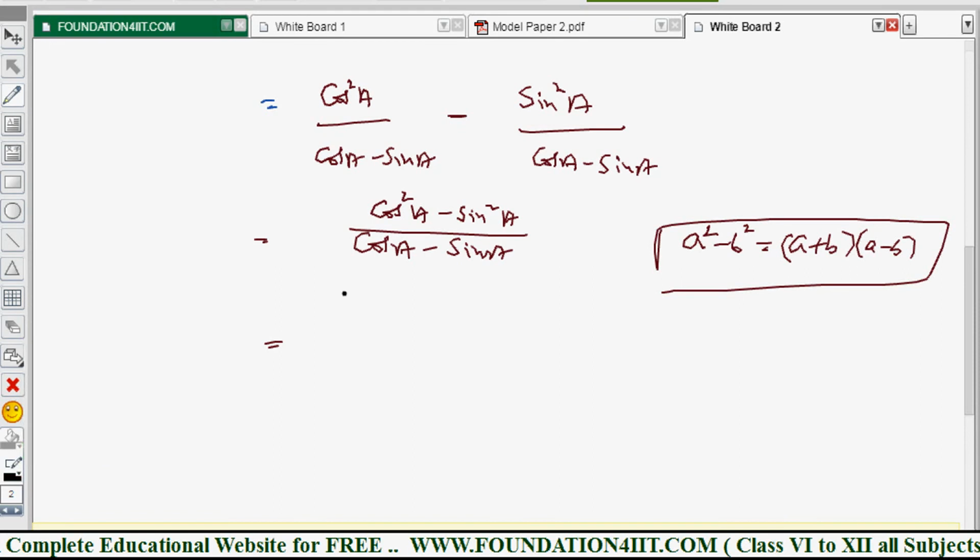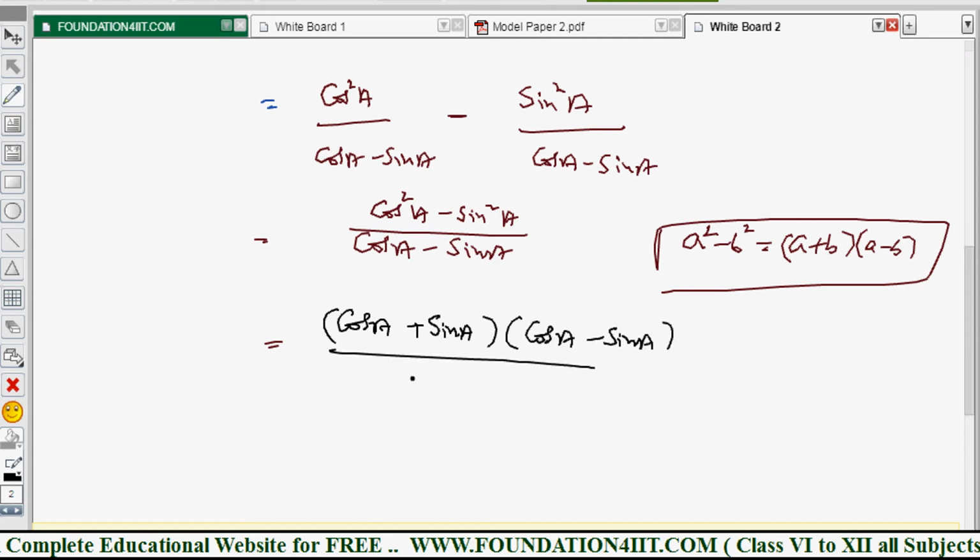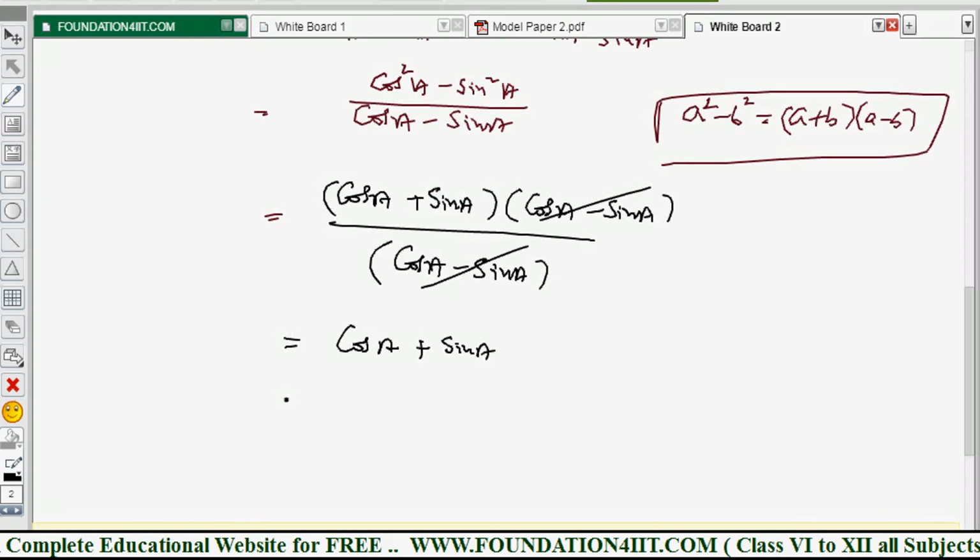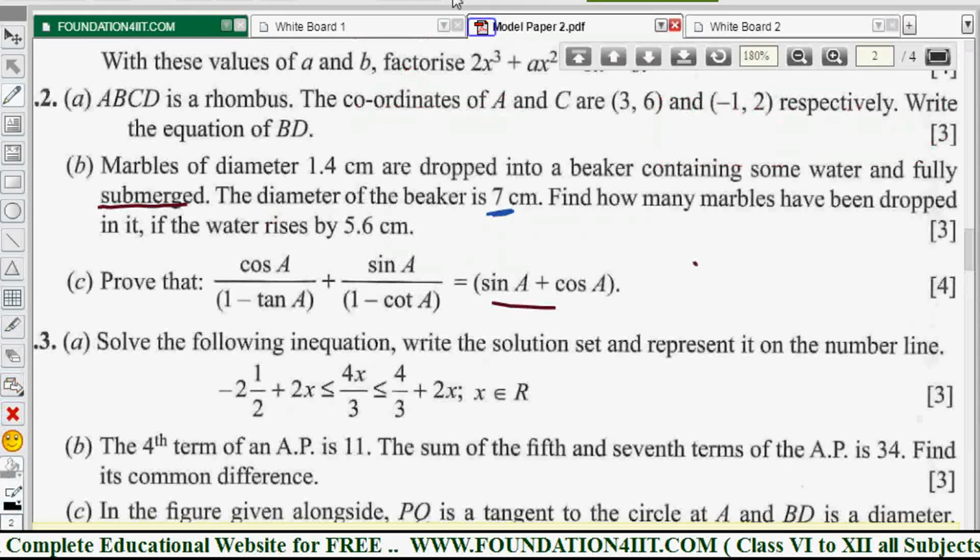You can write cos A plus sin A into cos A minus sin A, by denominator cos A minus sin A as it is. Cos A minus sin A, cos A minus sin A can cancel. The remaining is cos A plus sin A. Okay, that is the RHS. So you have taken LHS and proved RHS, hence proved. Right? Okay, so in this way you can solve this question number 2.